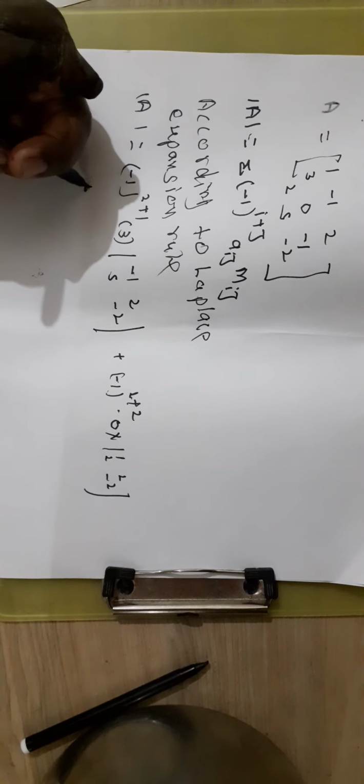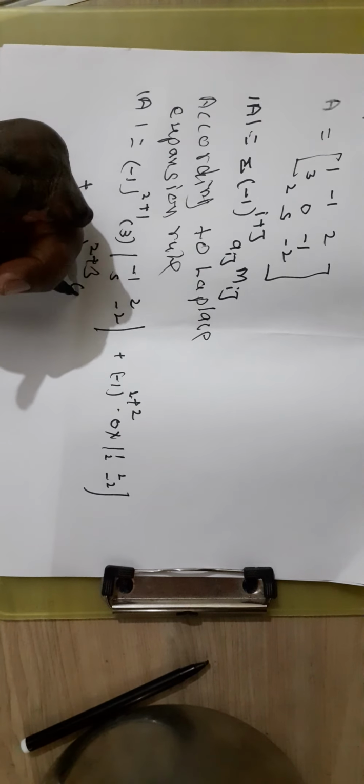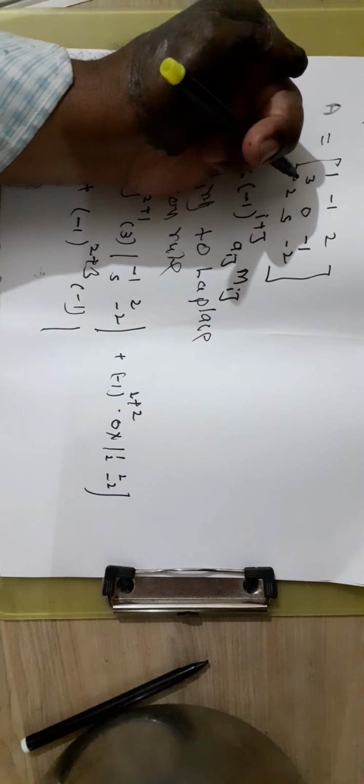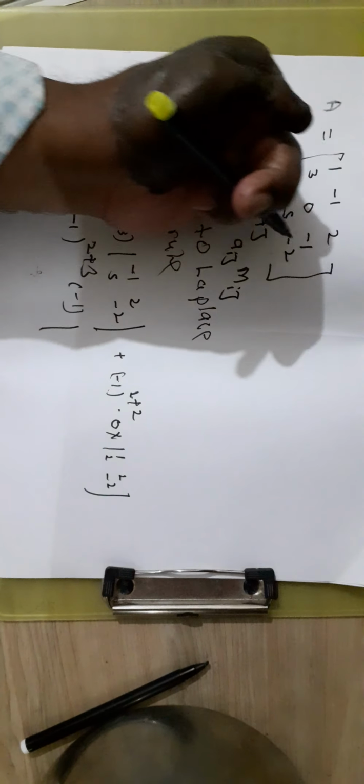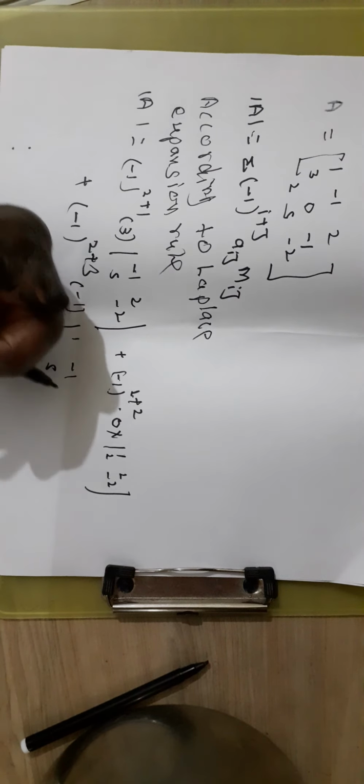Plus (-1) raised to power 2 plus 3, into -1, into the determinant obtained by deleting the element in the second row and third column: 1, -1, 2, 5.